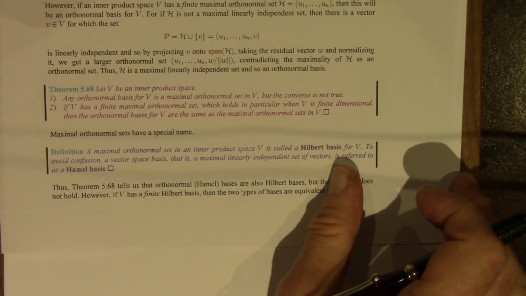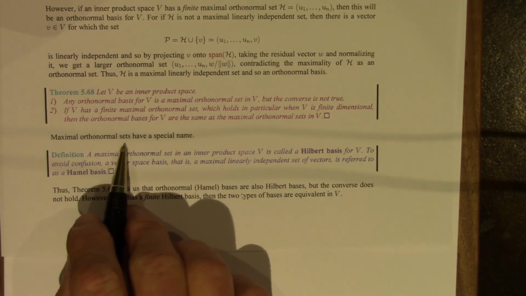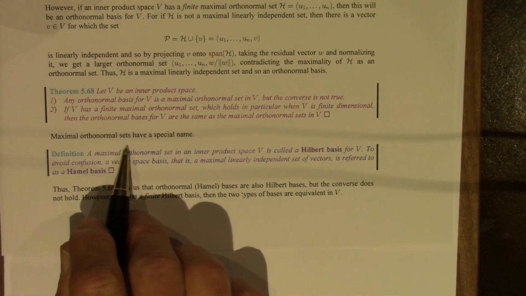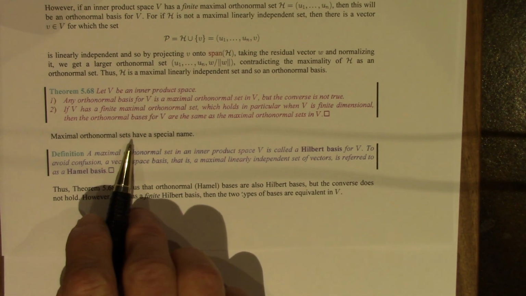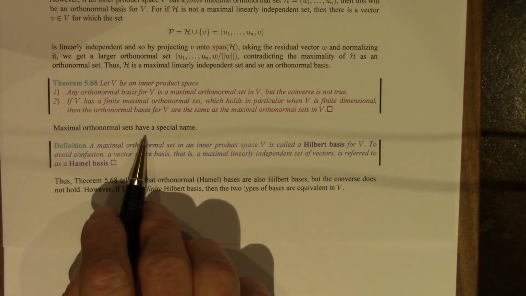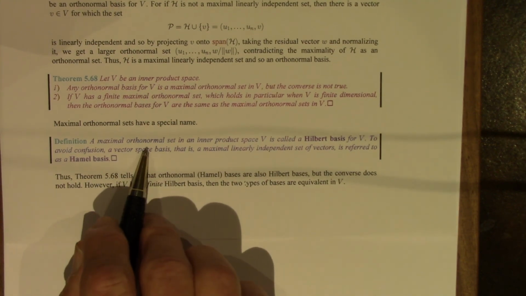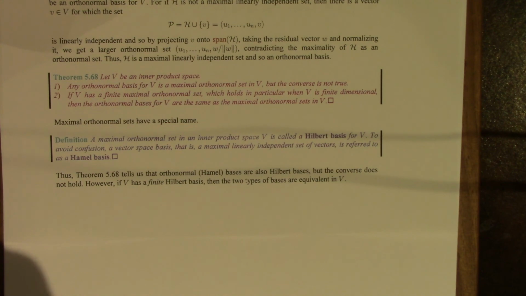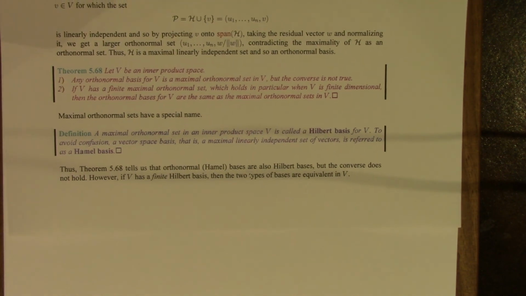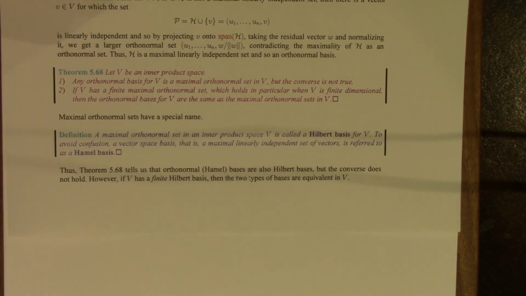Finally, maximal orthonormal sets, then, they may not be orthonormal bases, but they're still extremely important. They have a name, and it's a little bit unfortunate, but they're called Hilbert bases. It's the term basis that causes confusion.